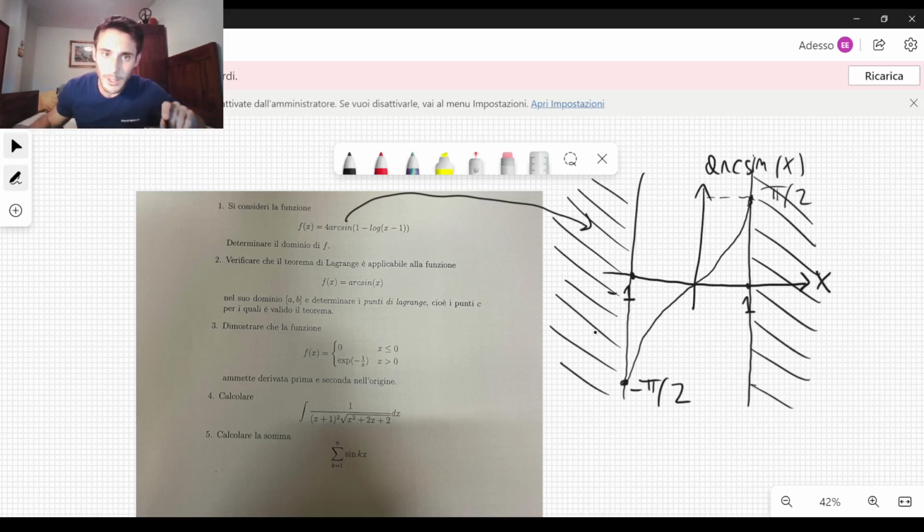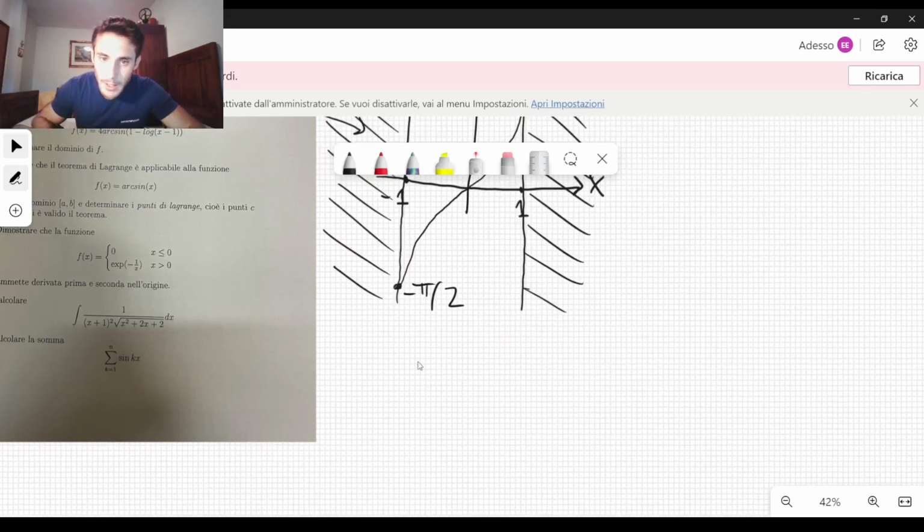So the domain of the function arcsine of 1 minus log of x minus 1 can be found like this. The absolute value of the argument of the function, which is 1 minus natural log, let me write it as ln instead of log, because this is the way I'm used to writing the natural log function.